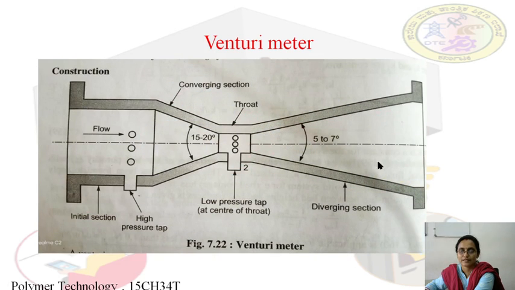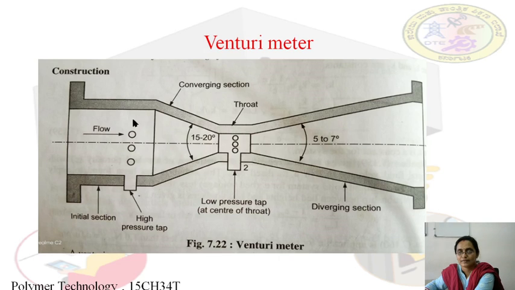This is a diagram of a venturimeter. Here we can see there is an inlet section, a converging section, throat and then a diverging section. The initial section has the same diameter as the pipe to which it is connected.